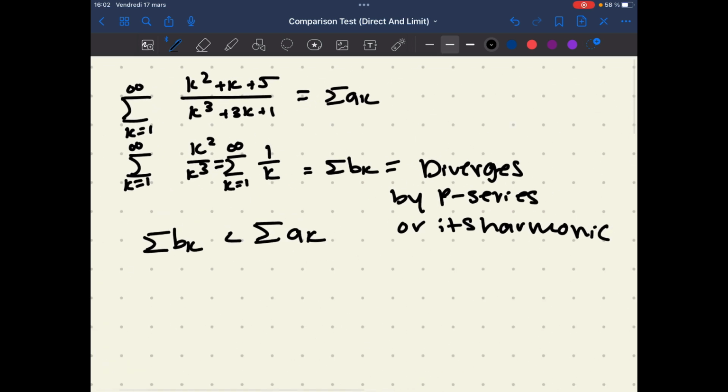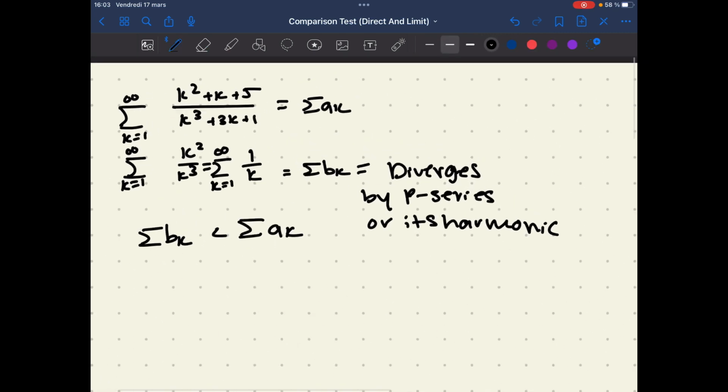The reason we know that is because you have a smaller degree in the denominator, and the smaller the denominator is, the bigger the overall fraction is. But you're looking at this based off of the leading terms of this series, so we can ignore all the rest. We know that 1 over k is less than all this by basic algebra properties.